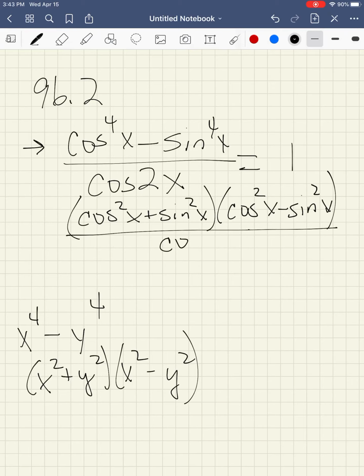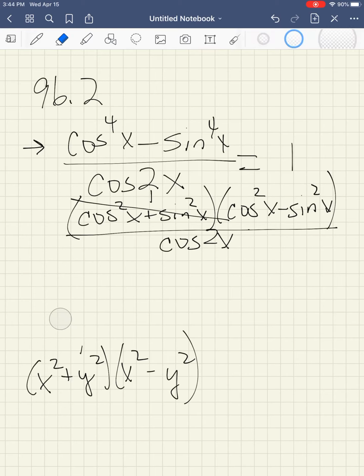That's over cosine of 2x. All right, now, what's cosine squared plus sine squared? It's 1, isn't it? Okay, so that's 1 times that isn't going to change anything.